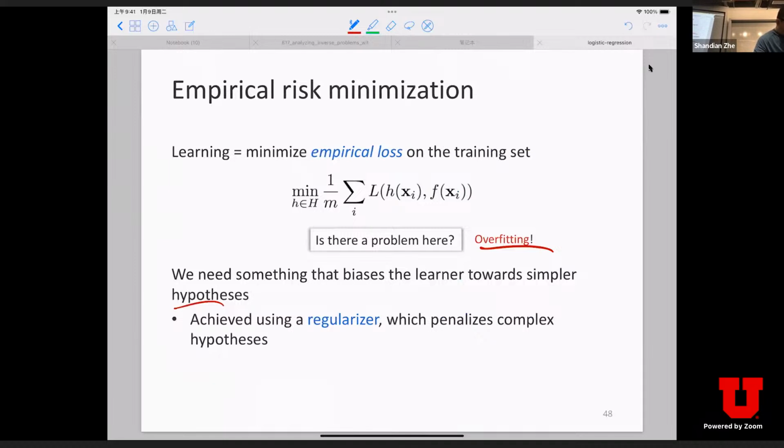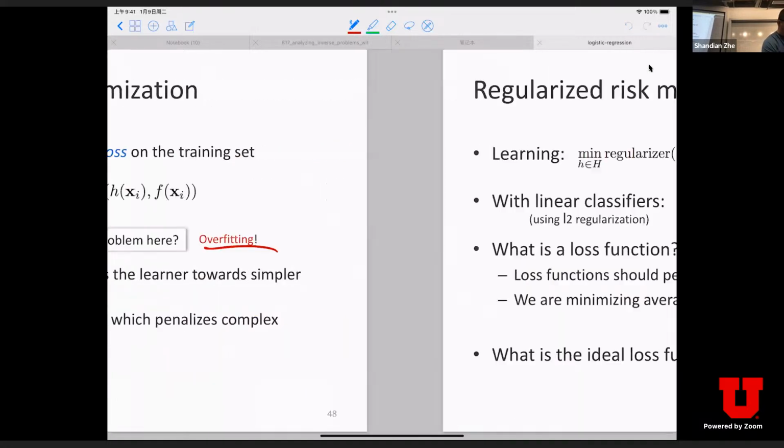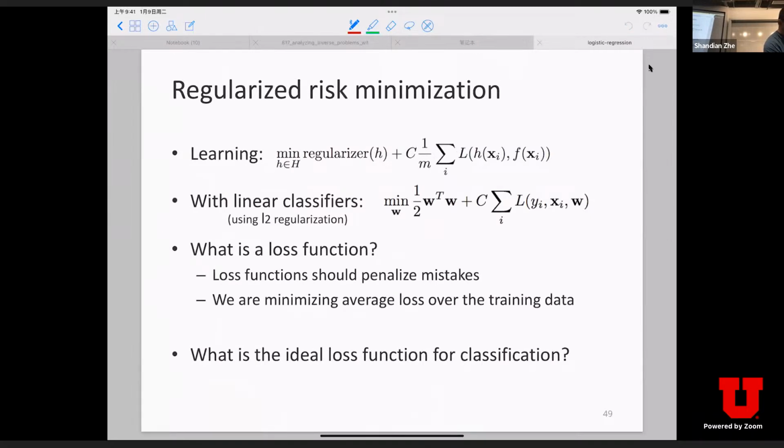So in practice, we always choose a regularizer which penalizes complex hypotheses. That's how we get the regularized empirical risk minimization.